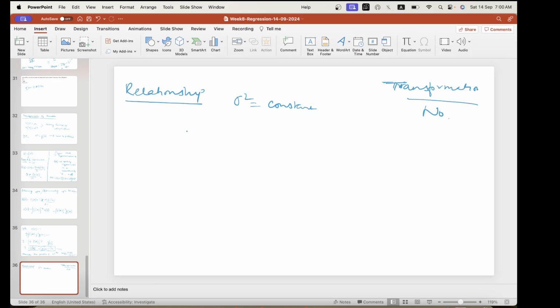But if we see that sigma square is proportional to the expectation of y, then sigma square is proportional to mu.